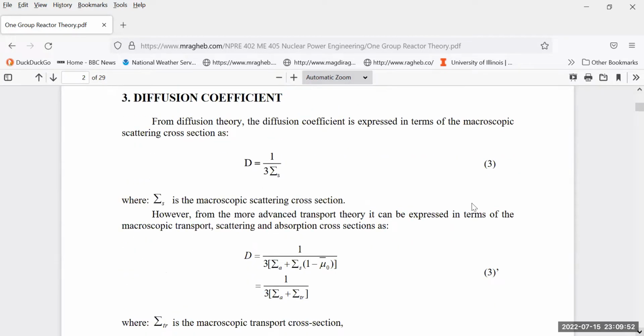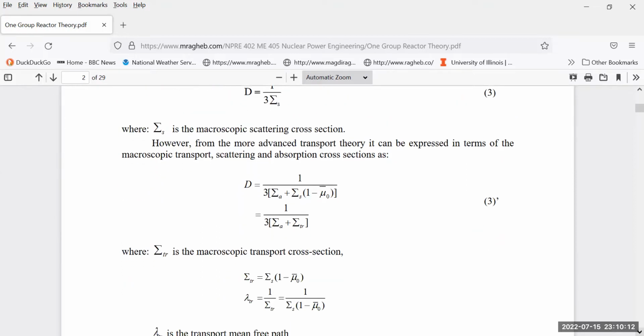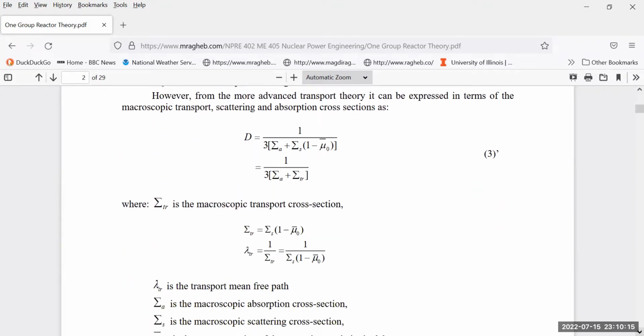All right, that diffusion coefficient has to be described. We describe it in general as 1/3 the scattering mean free path. That's one way of describing it. The scattering mean free path is 1 over the macroscopic scattering cross section. If you want to introduce some detail from the more advanced theory called transport theory, we take into account, as we mentioned in a previous chapter, the average cosine of the scattering angle.